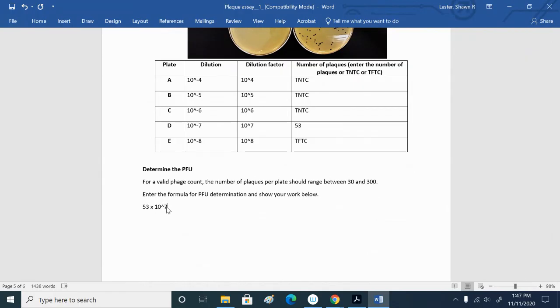But of course, we know this is not proper notation. So how would we write it in proper notation? 5.3 multiplied by 10 to the positive 8. Yep. And of course, we always include units. So any questions on how we did this?